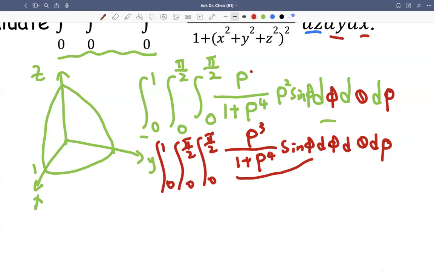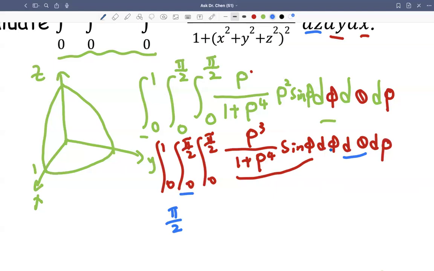Okay, theta direction, right? Let's use the blue color. So the theta direction just goes from 0 to pi over 2, and the integrand is free from theta, so we just get pi over 2.